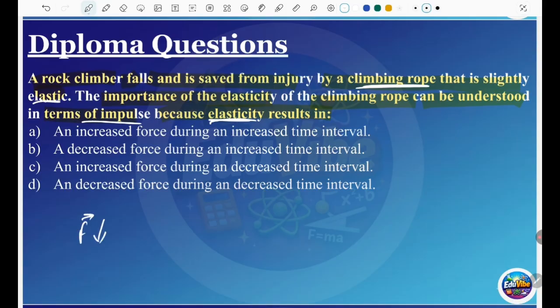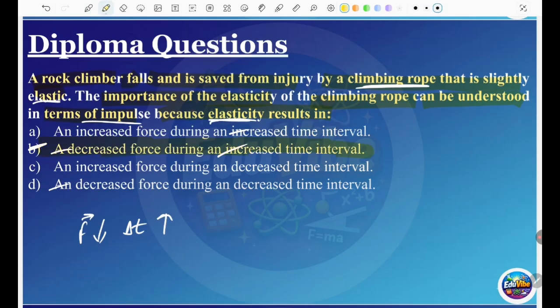So you all know that this is a decrease of force. So what is the impact on time? If force is decreased, it's inversely proportional, so the time, which is delta t, is increased. So we get option B for this.